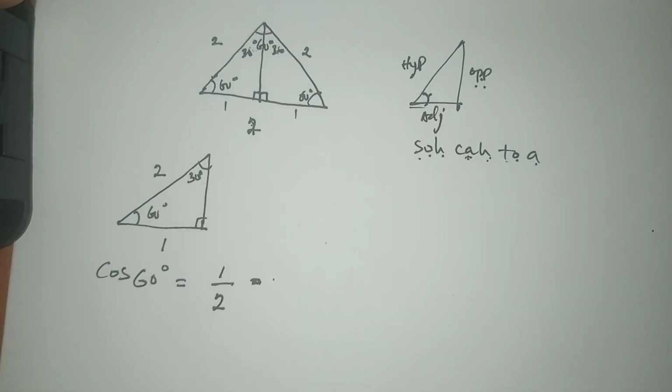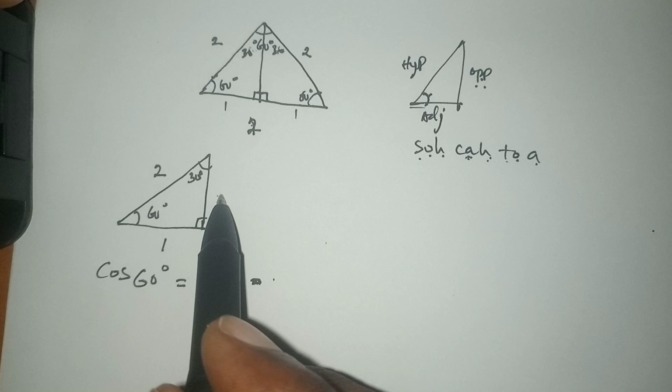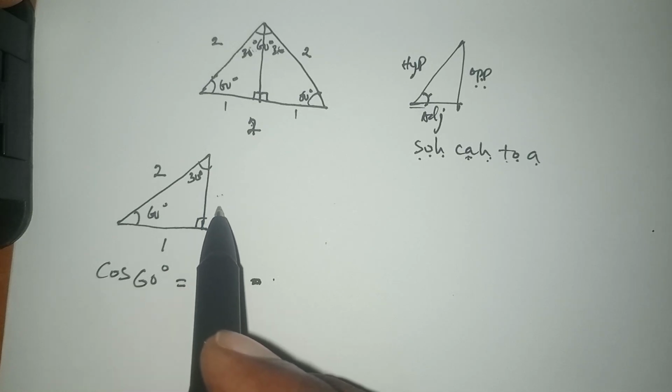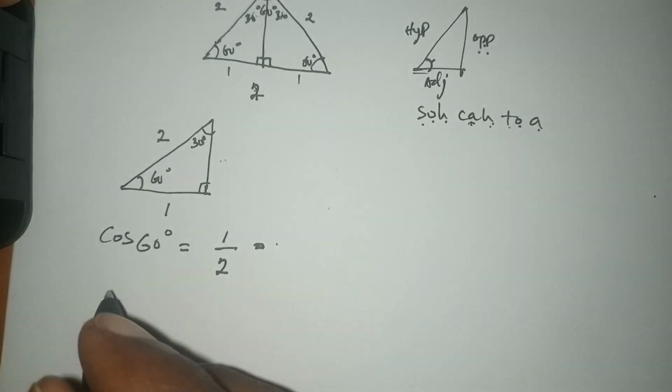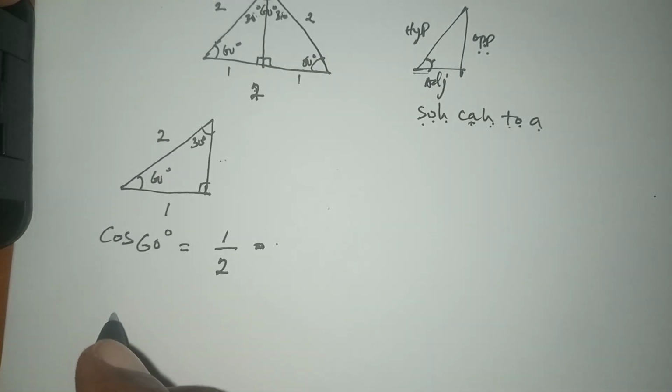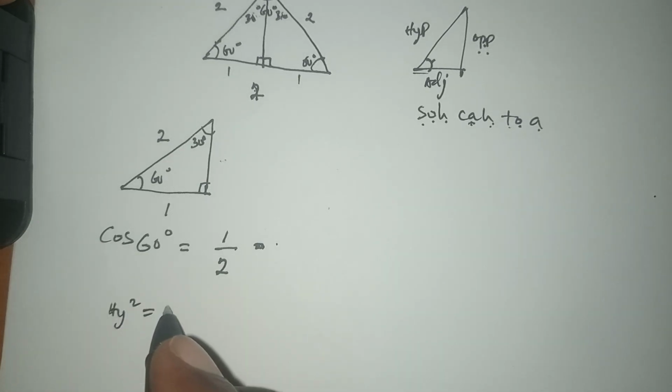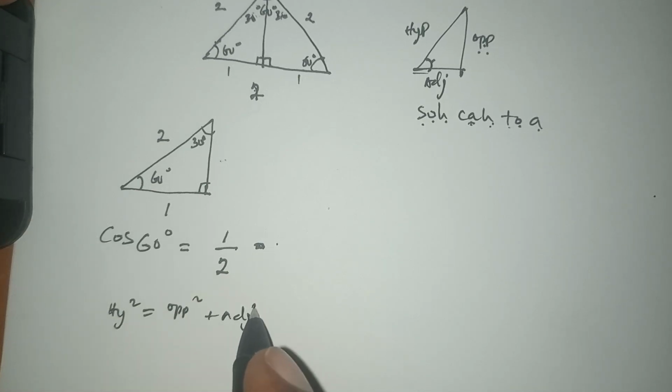All right. So now, one more thing. We're going to need this opposite side of this right angle triangle. And how do we get this side? By applying Pythagoras theorem, because it's a right angle triangle. So Pythagoras theorem says hypotenuse squared equals opposite squared plus adjacent squared.